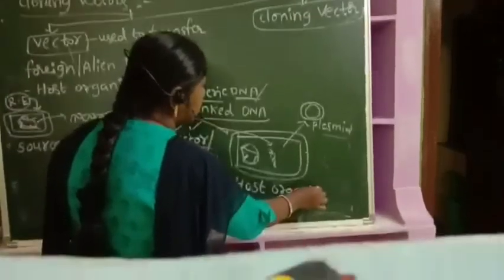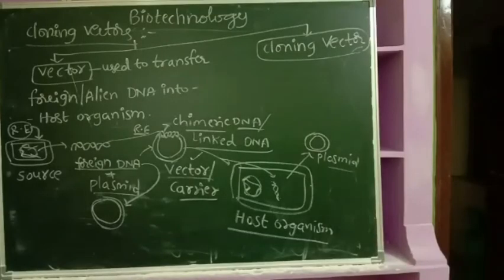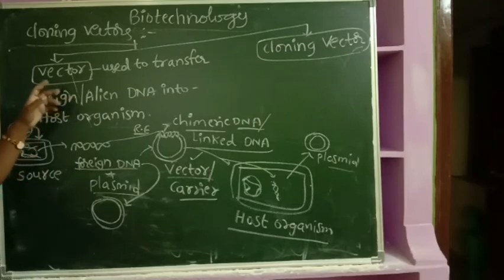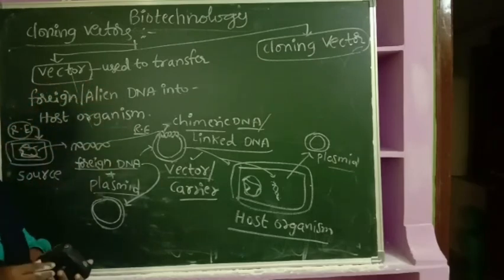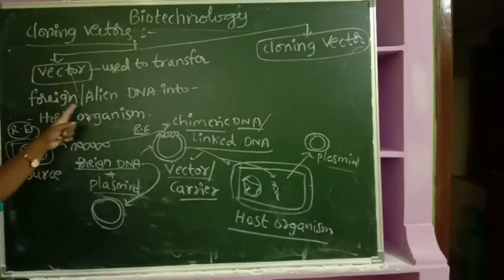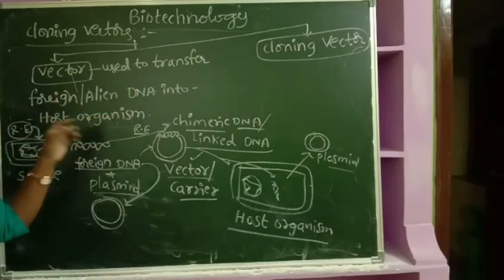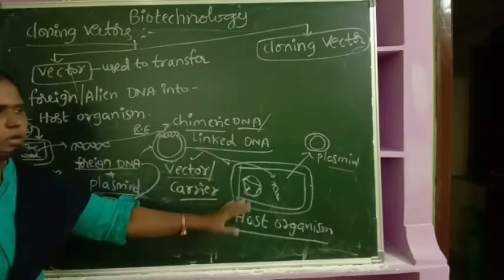Simply, in this case, the plasmid is called the vector. So what is meant by vector? A vector is used to transfer the foreign or alien DNA into the host organism. That's all. It simply takes the alien DNA, drops it and goes out.